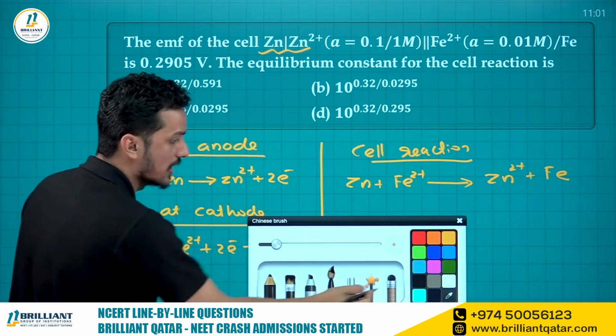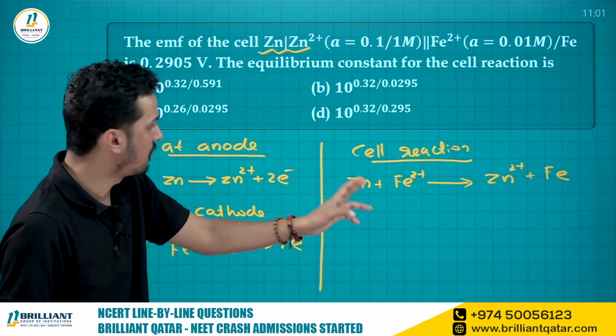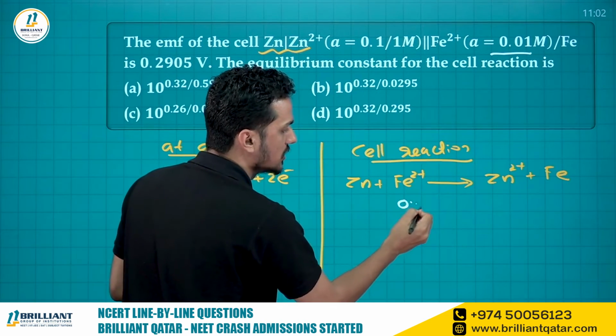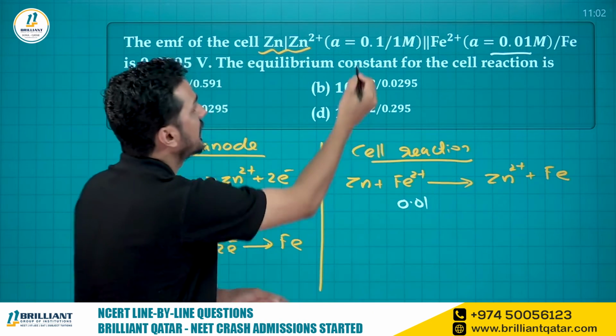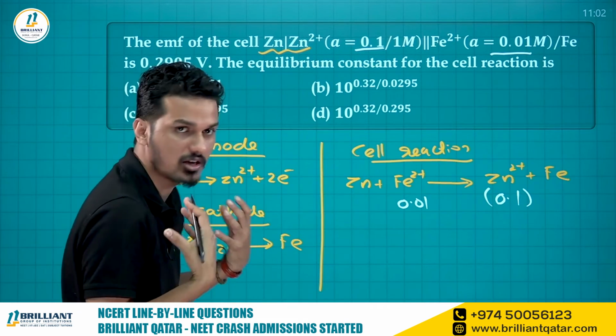Now I have to write its concentration. In the question they gave the concentration. What's the concentration of Fe2+? Fe2+ is 0.01. What about Zn2+? That is 0.1. Don't forget. Now I can write the equation for E cell.